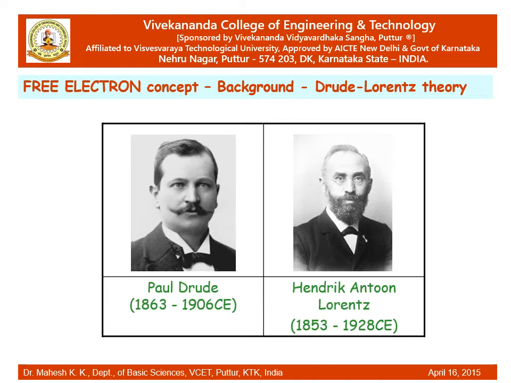Which means that we explain the electrical conductivity based on the mobility of free electrons. This concept of free electron was put forward by these two great men, Paul Drude and Lorentz. Let us see some of the milestones in the next slide.